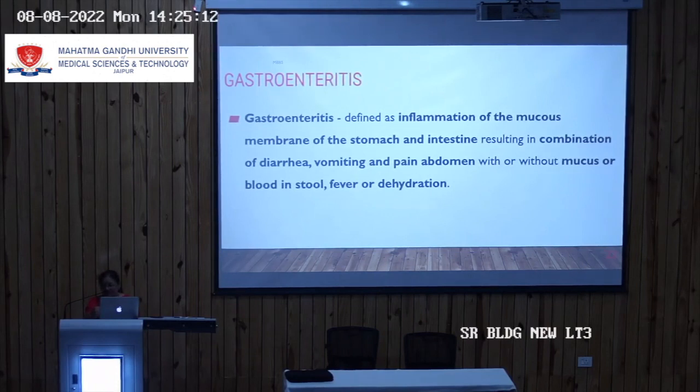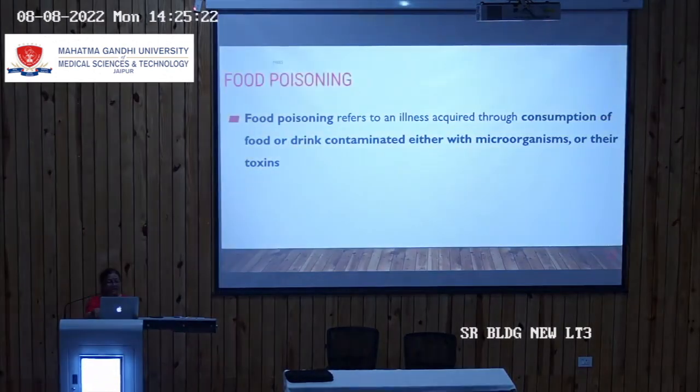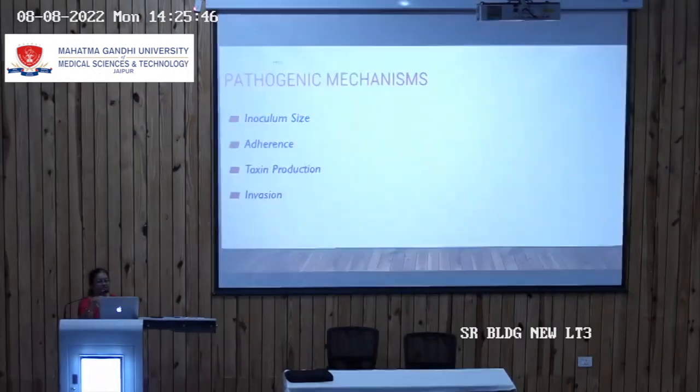There is fever, and because of the loss of a lot of fluid because of vomiting and diarrhea, dehydration may happen. There is one term, food poisoning. It refers to illness acquired through consumption of food or drink contaminated either with microorganisms or their toxins. Food poisoning is generally because of the preformed toxins in the food, generally Staphylococcus or any other, etc.